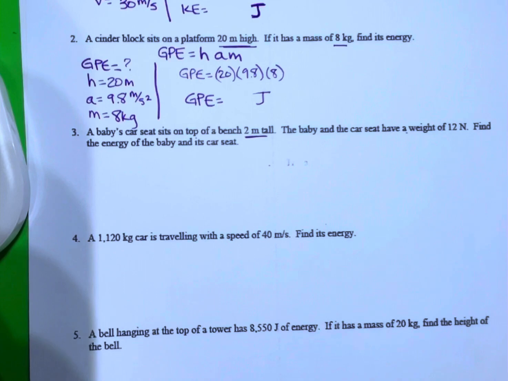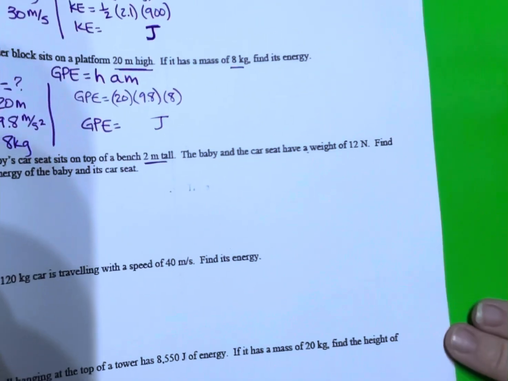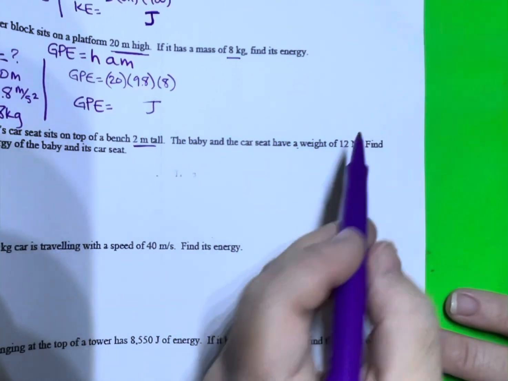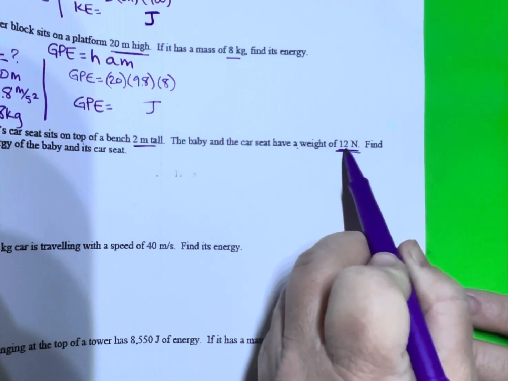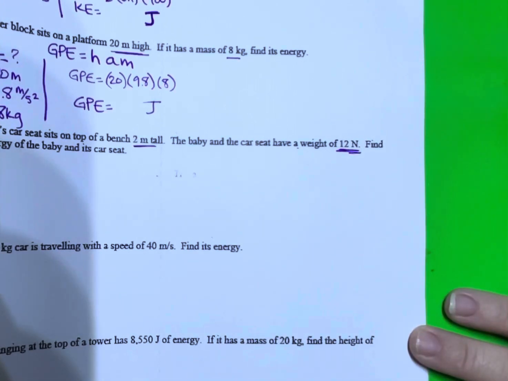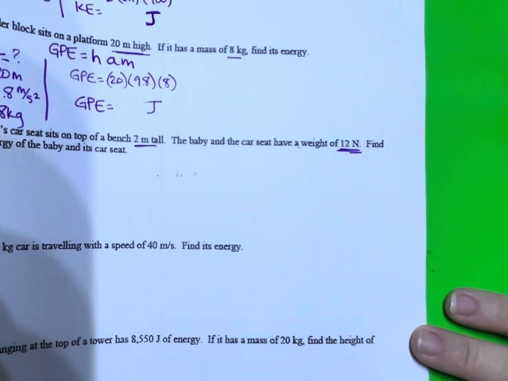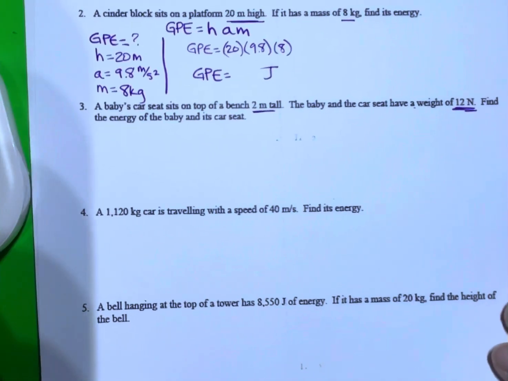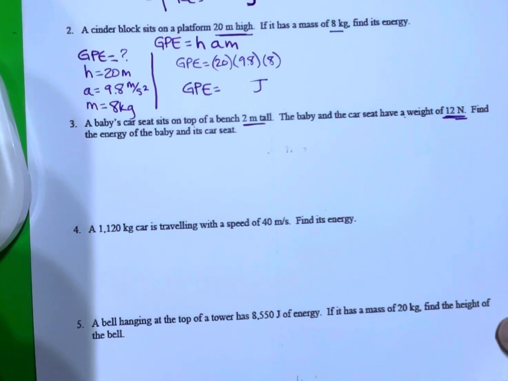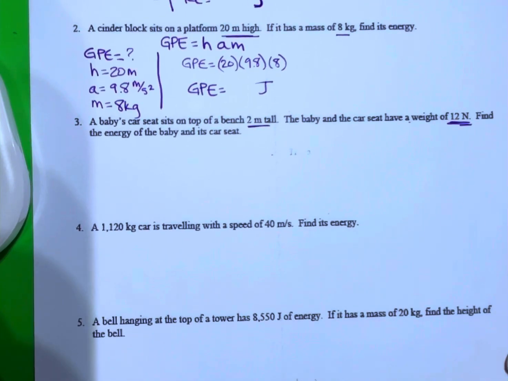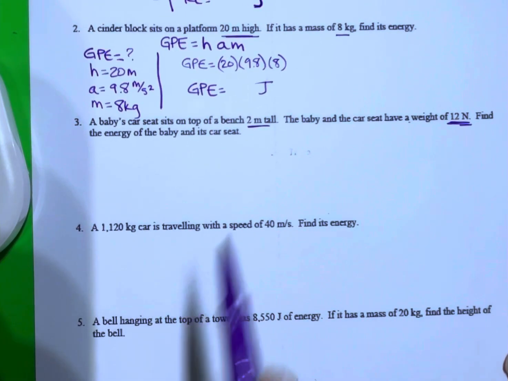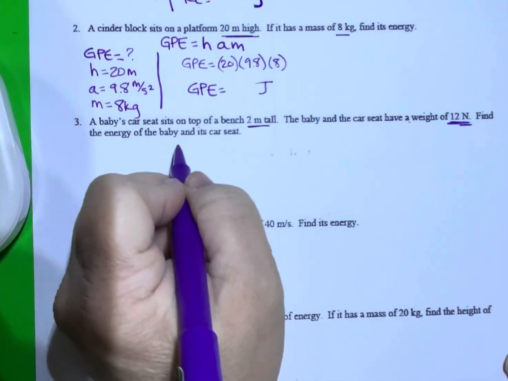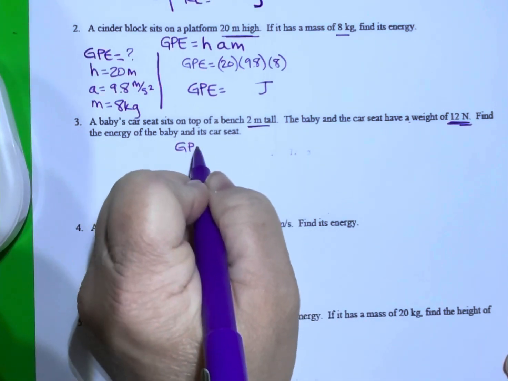Okay, so the tricky part in this problem is they tell you you have 12 newtons for the weight. I want you to know that weight is the same as a force. Weight and force are, for all practical purposes, the same. Since they give us a height here, we know we're going to be working with gravitational potential energy.